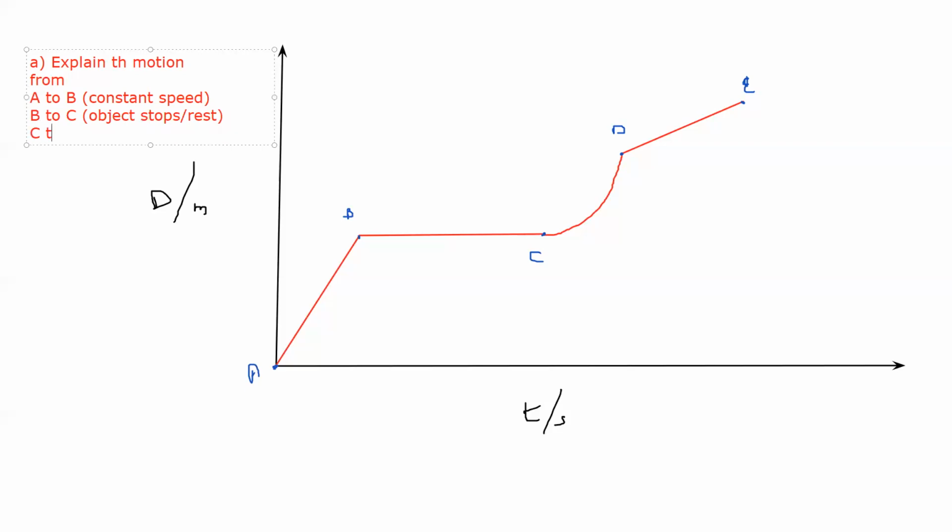What is happening from C to D? Is it accelerating or decelerating? So from C to D, the angle is increasing. So if the angle is increasing, we use the term accelerating.